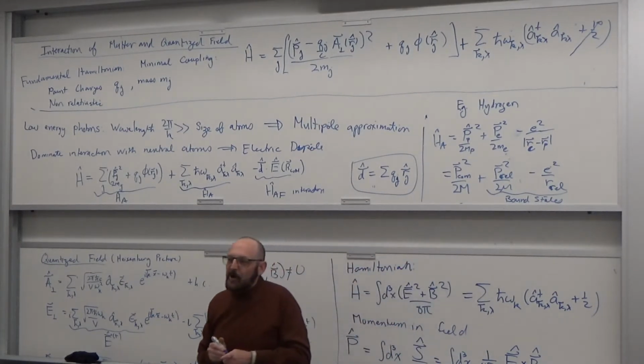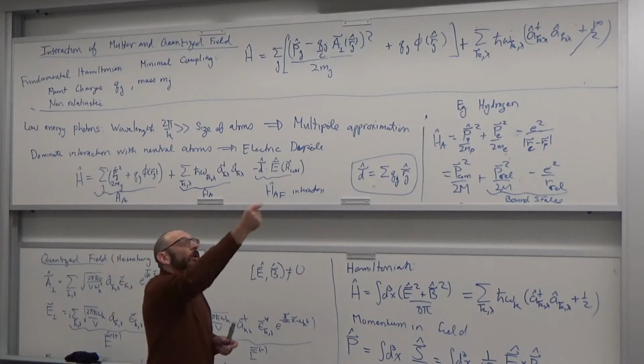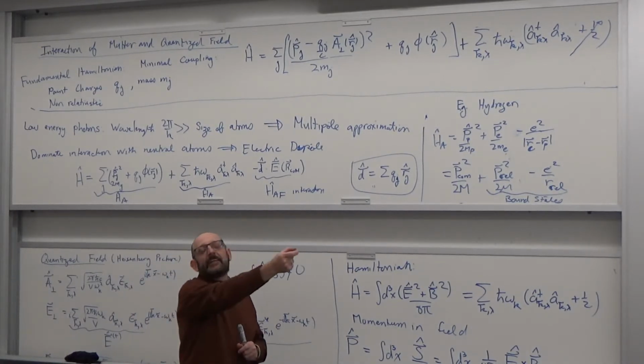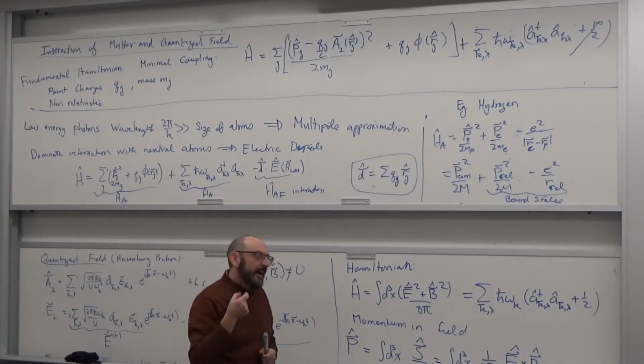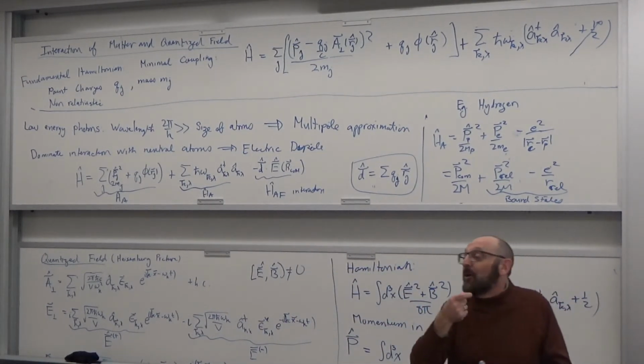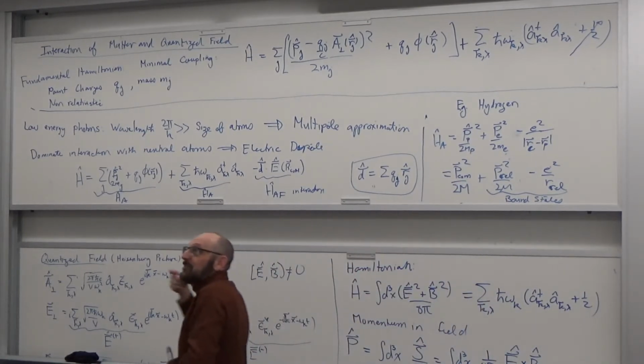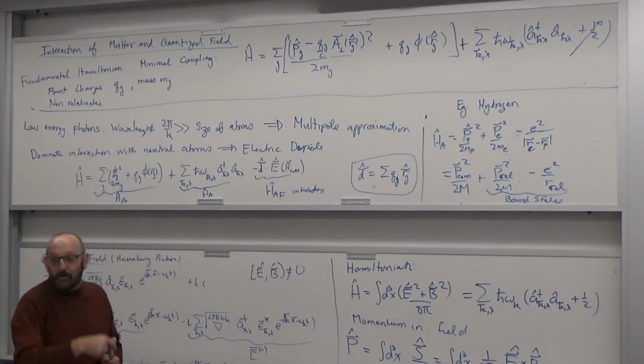Okay. Now, the center of mass position of the whole atom, typically we don't quantize unless the whole atom is very cold, in which case we might have to think about the de Broglie wavelength in atom optics of the whole atom.